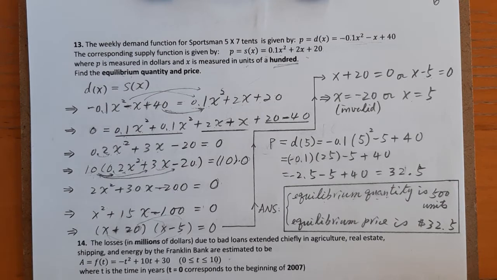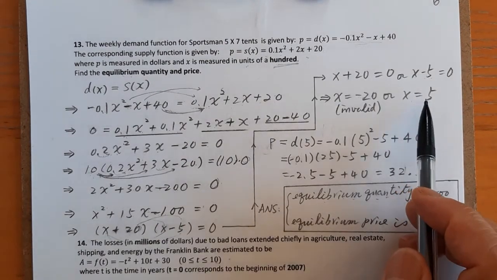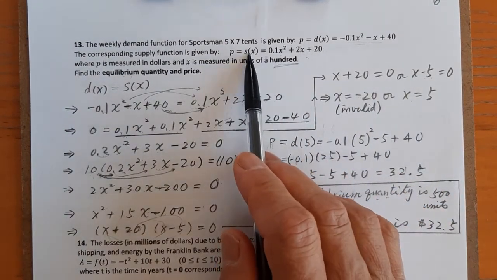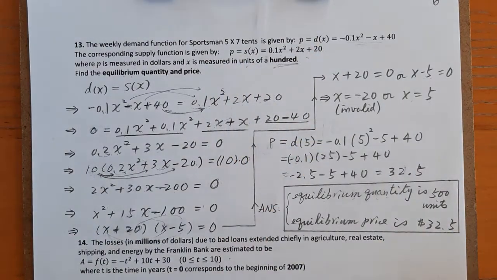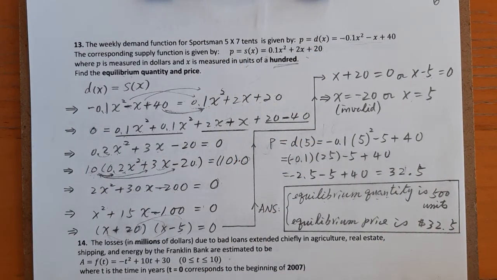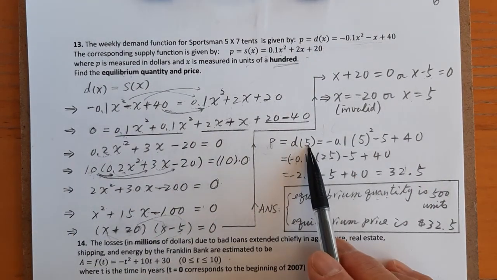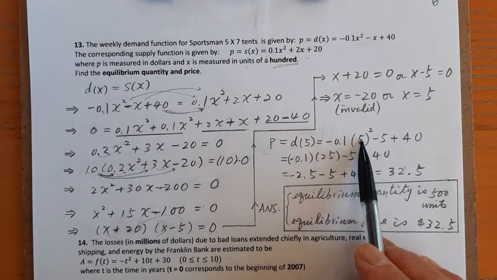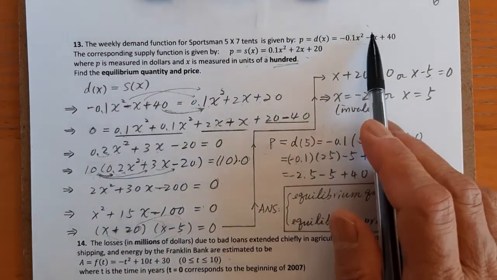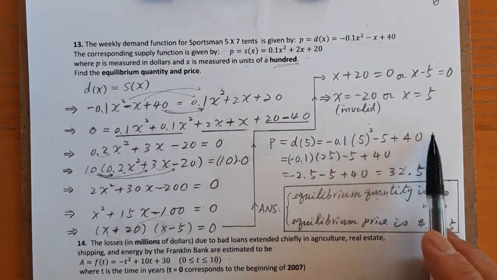And what is the price? For the price, you can plug x equals 5 into either the supply function or the demand function, either one. We'll get the same value. So let's put it into the demand function, x is 5, plug in. Negative 0.1 times 5 squared, minus 5 plus 40.